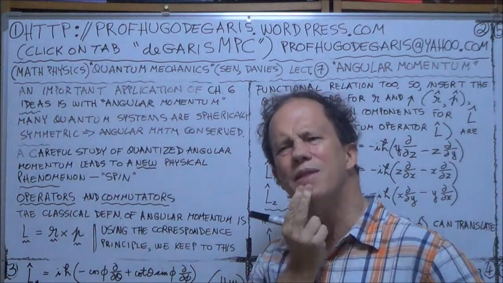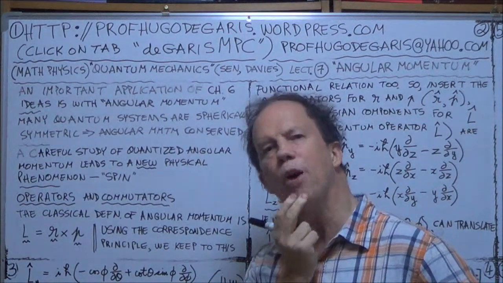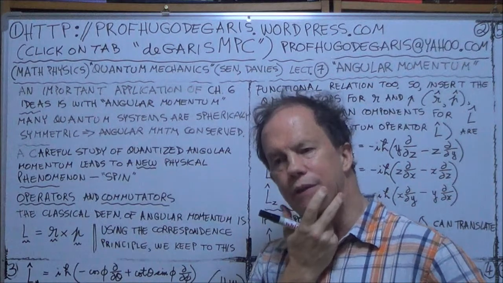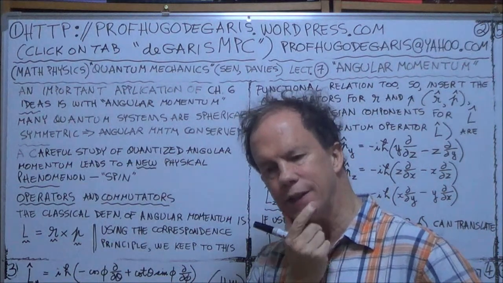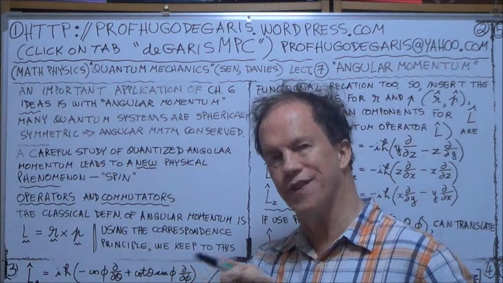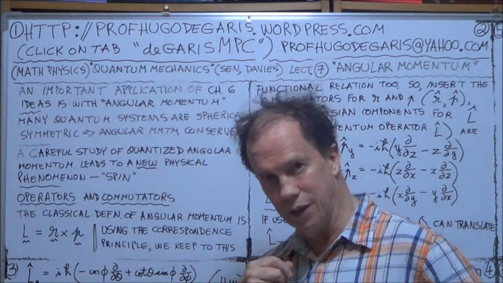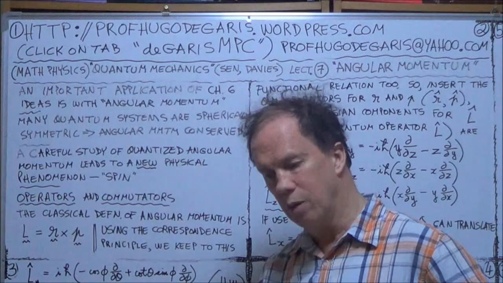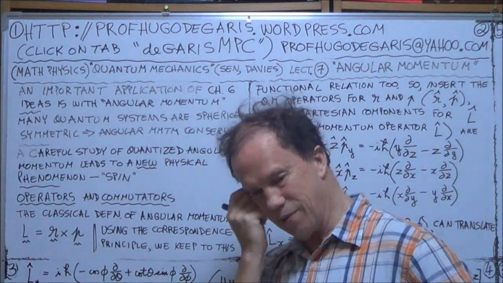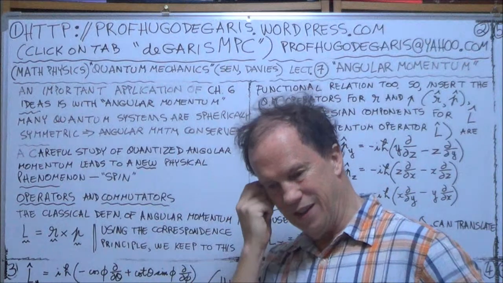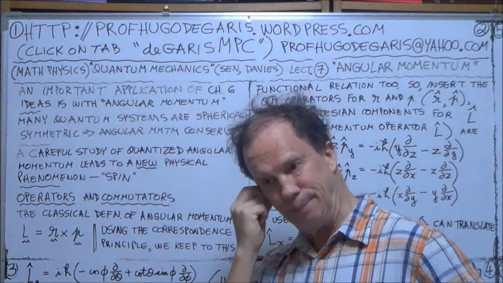So what would your angular momentum operator be for quantum mechanics that you could use for the start of solving an eigen equation? Well, let's start with physics a bit and see what we can do.